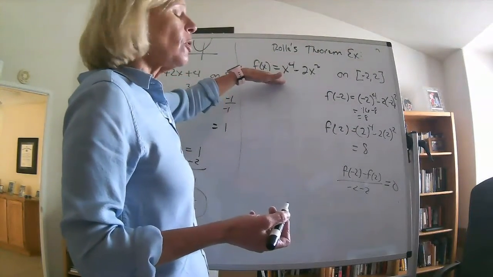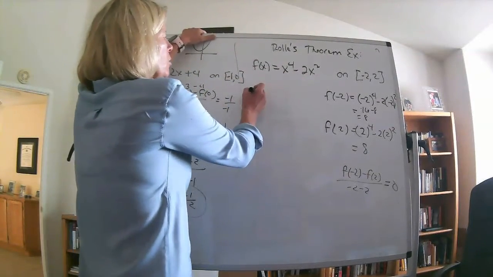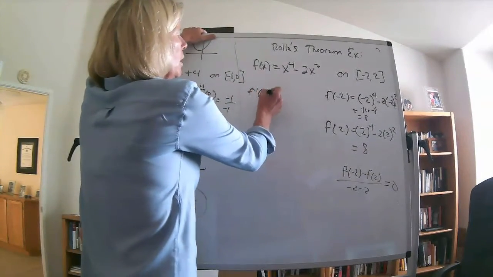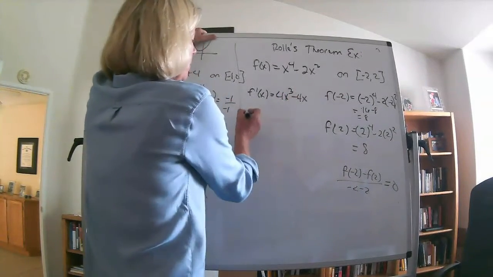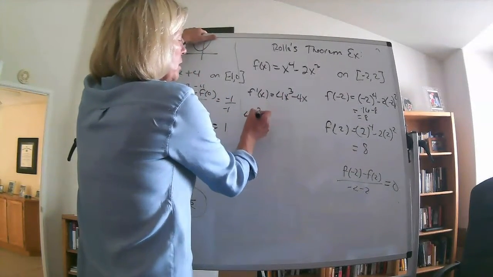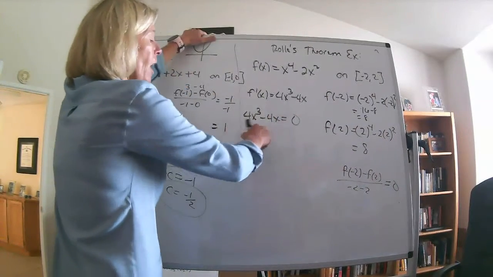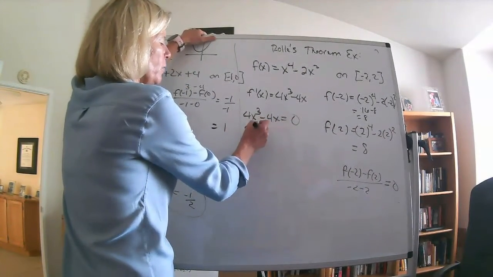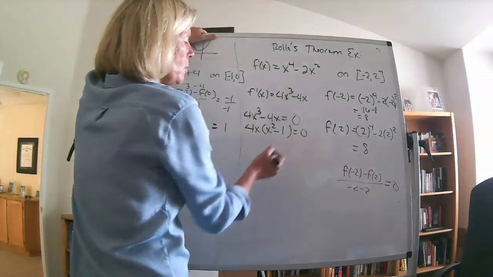So now I'm just going to take the derivative and set it equal to 0. So the derivative is 4x cubed minus 4x. So if I set 4x cubed minus 4x equal to 0, I see that I can factor out 4x, and that leaves me x squared minus 1 in my parentheses.